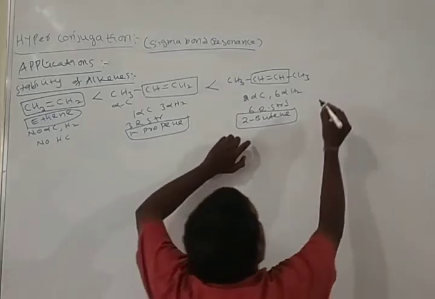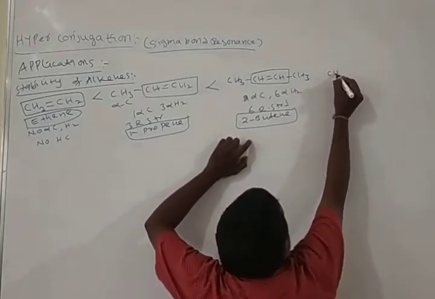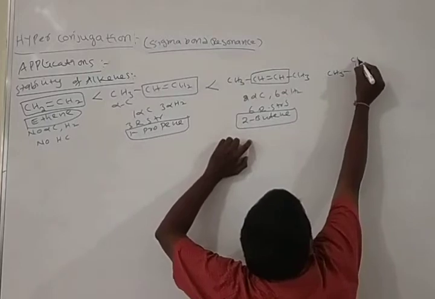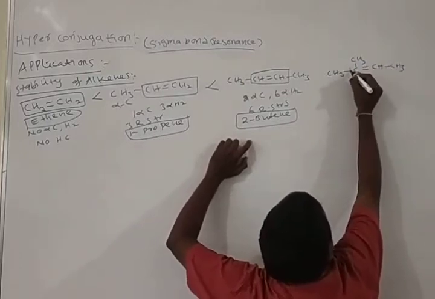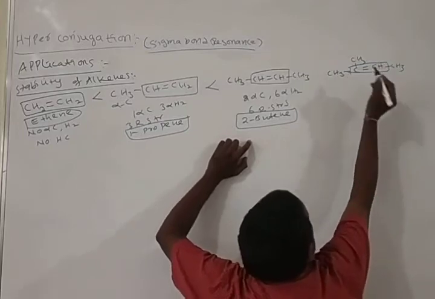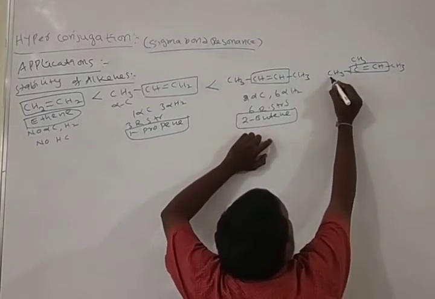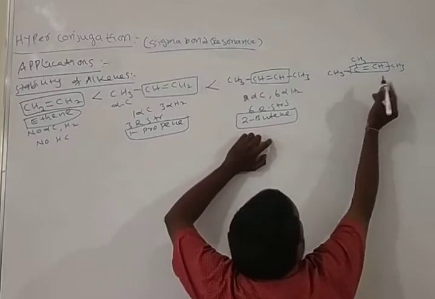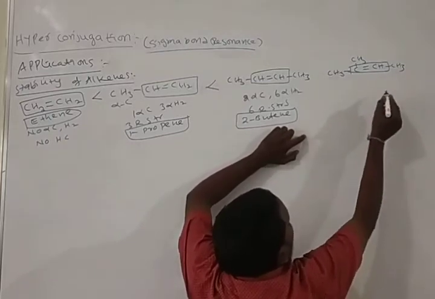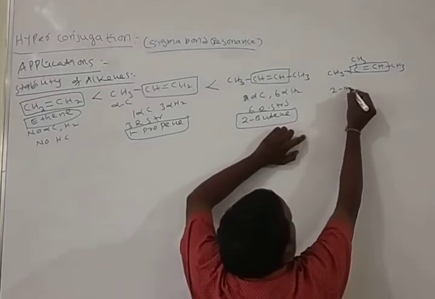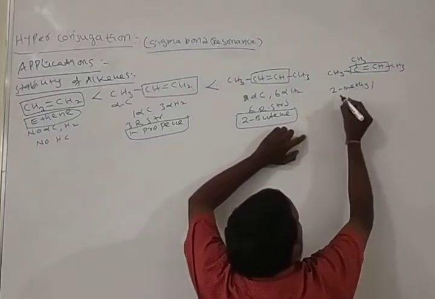And here see, CH3, CH3 double bond CH3. It is a functional group. See how many carbons are there? Alpha carbons 1, 2, 3, that is 3 alpha carbons and 9 alpha hydrogens. What is the name of this molecule? 2-methyl 2-butene.